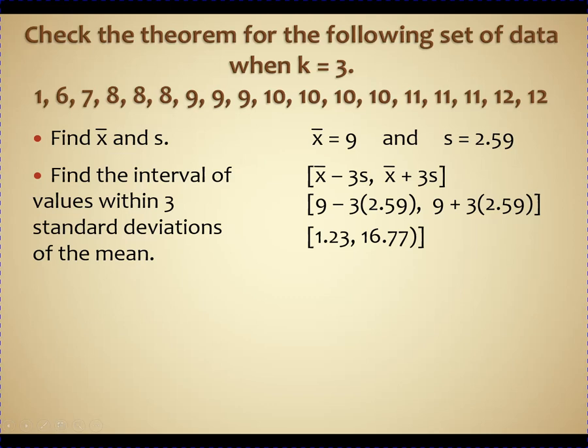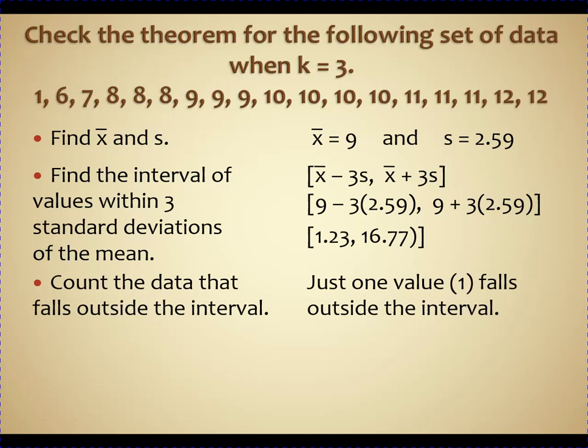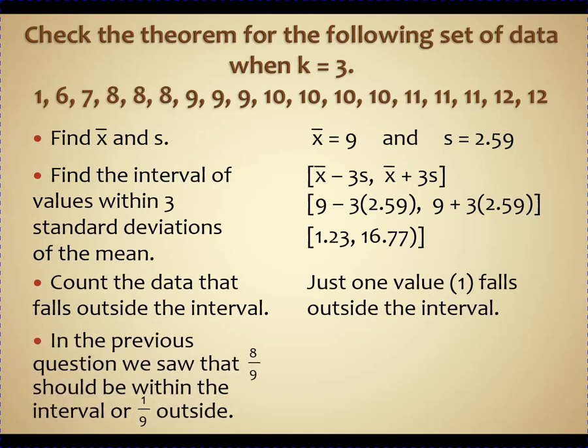Well, we want 8/9 of our data to lie in between those values. And we notice that the only one that lies outside is this one here. So that's 1 out of our 18 pieces of data falling outside the region.